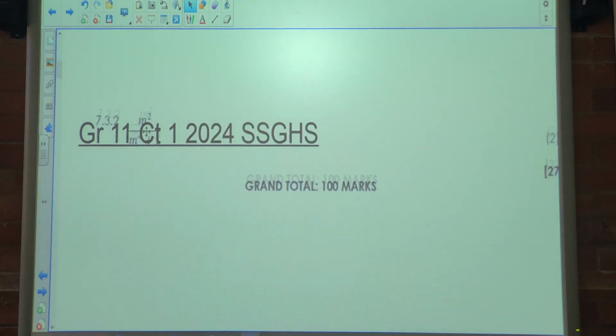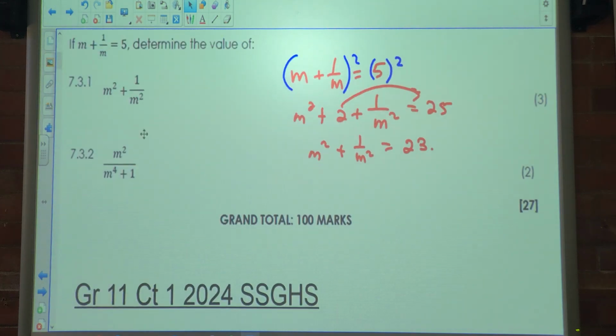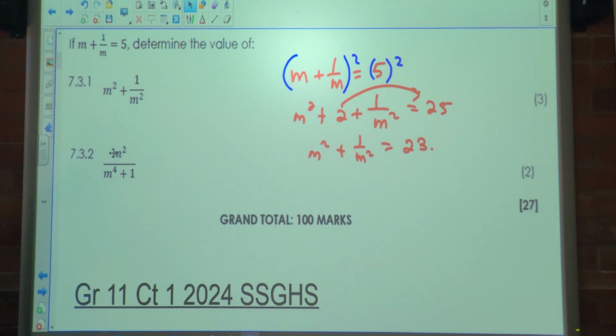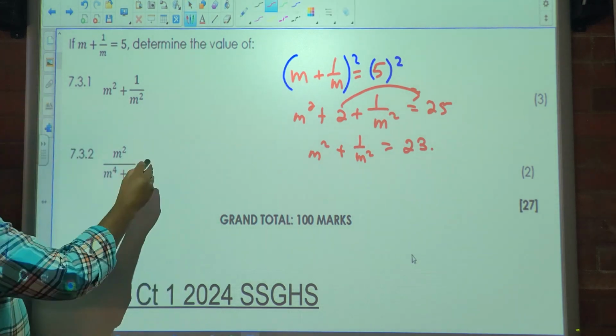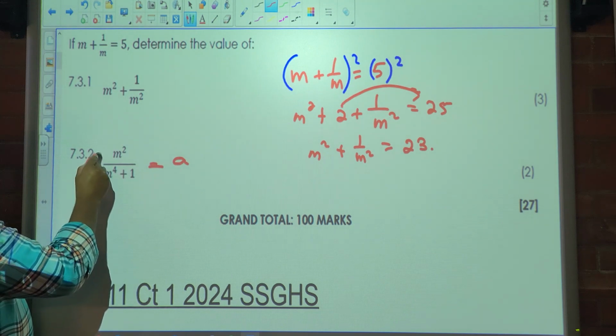Okay, the next one is 7.3.2. We are given m squared over m to the 4 plus 1. We must determine the value of that. What I notice is that this is basically the reciprocal of this here. Can you see that, people? So let this equal a. What they did was they swapped this around.